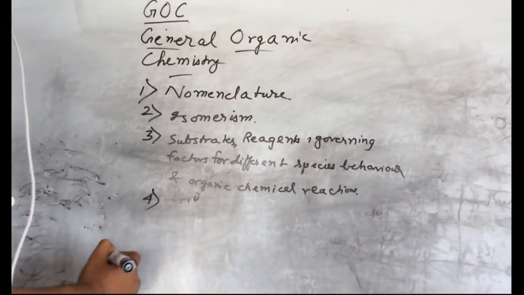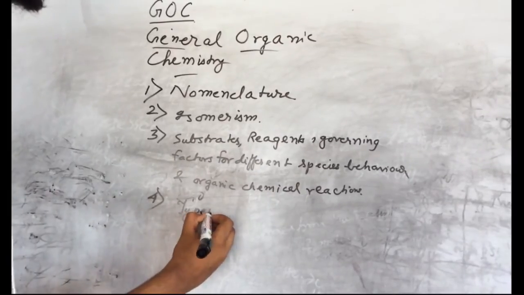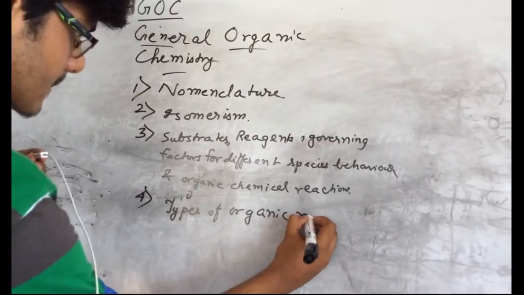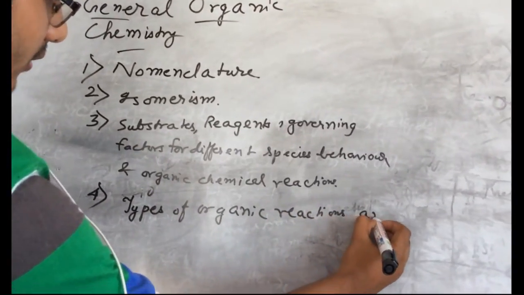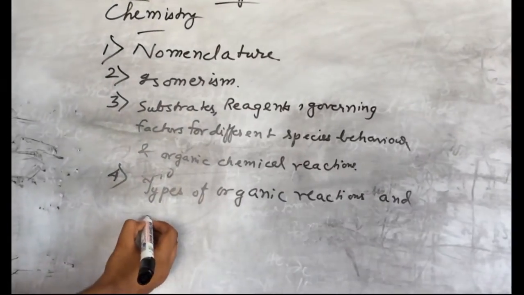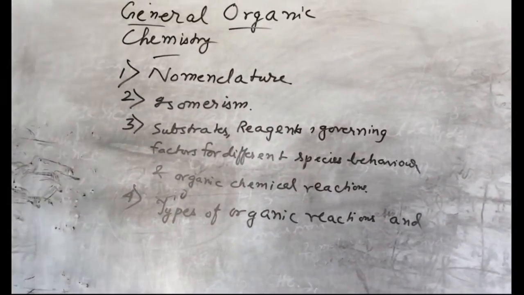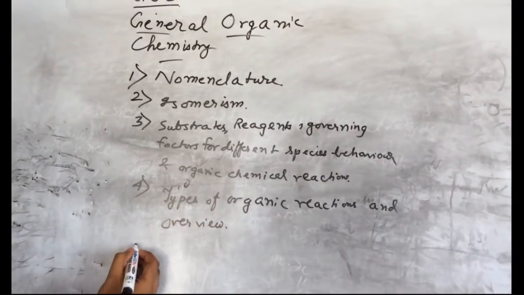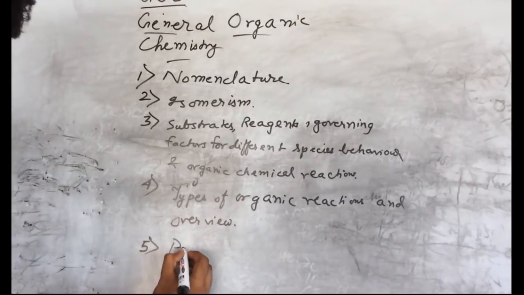Fourth one is the types of organic reactions and overview. We will not get into the details of these organic reactions now because we will deal with them in later chapters. And fifth one is the last one, that is practical organic chemistry.